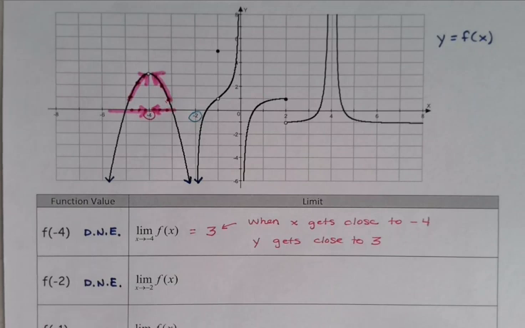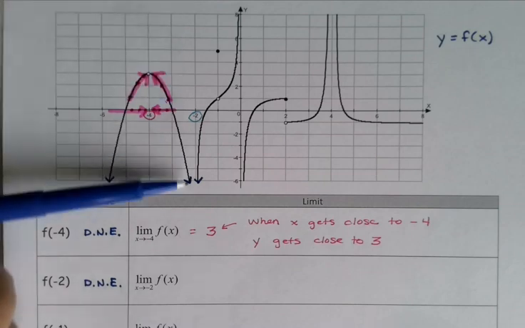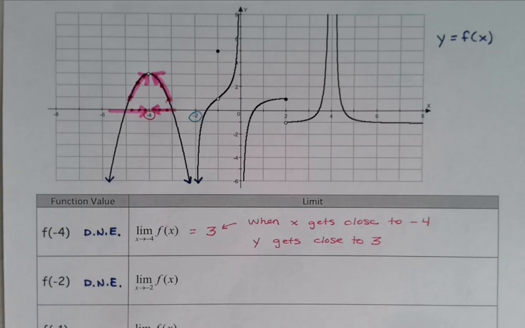Notice we've now seen 2 different cases where that can happen. This little hole in the graph, almost like a little missing point, can mean the y value doesn't exist. Or on a vertical asymptote, the y value doesn't exist. What happens this time as x approaches -2?